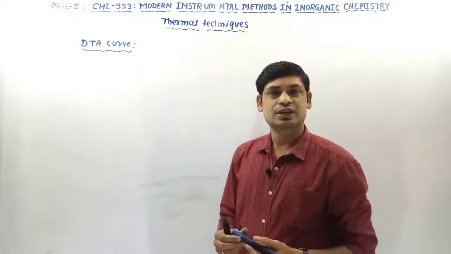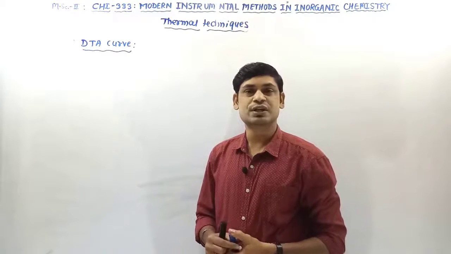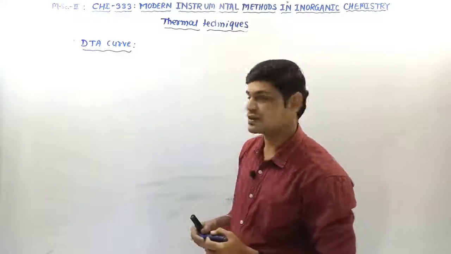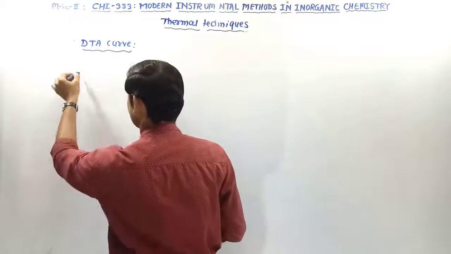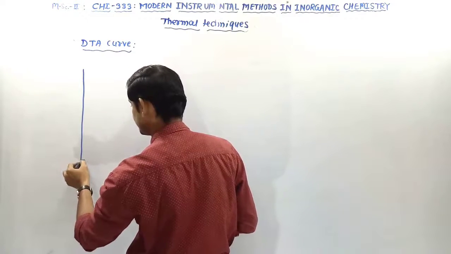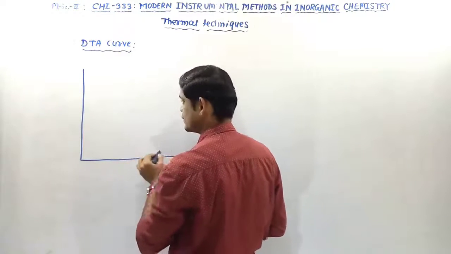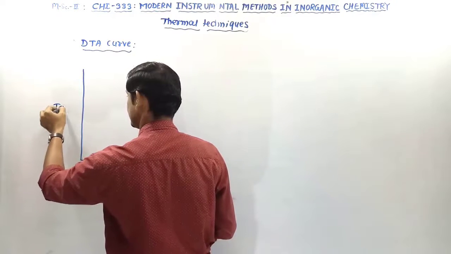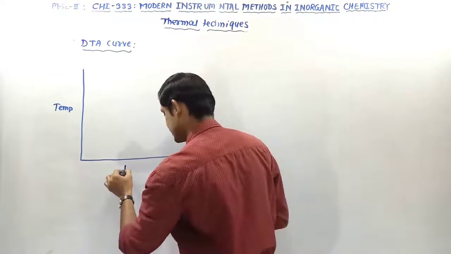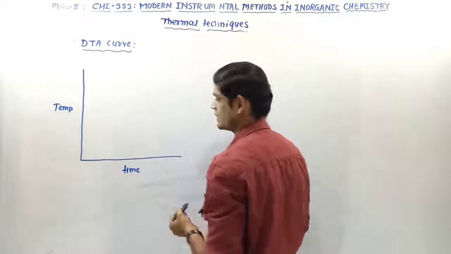First of all, we will draw the curve of temperature versus time, or you can say temperature versus progress. Suppose here we plot the temperature, and this is your time axis.